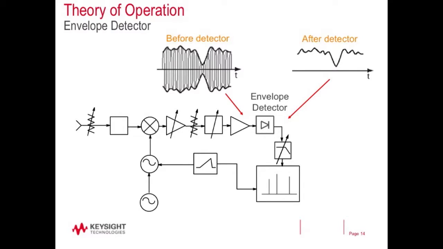Where this comes into play on analyzers is there's a lot of really sophisticated signal processing that goes on the signal at this point. I'm going to spend a little bit of time here because there are often misconceptions or misunderstandings about some of the choices presented to you on a spectrum analyzer.